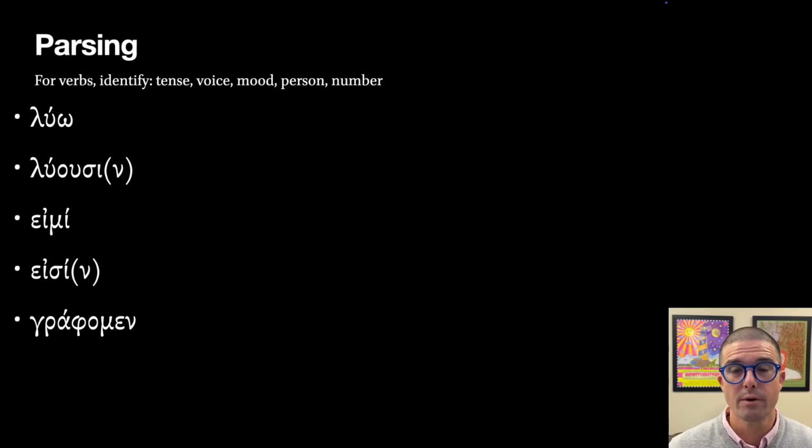And the last thing we're going to do together is practice parsing verbs. When I say parsing verbs, I mean we are identifying the information about the tense, voice, the mood, the person, the number, and also what is called the lexical form, the form that you would find in the dictionary or in a vocabulary list. I want you to first try the more difficult task of identifying this information without any help up on the screen.